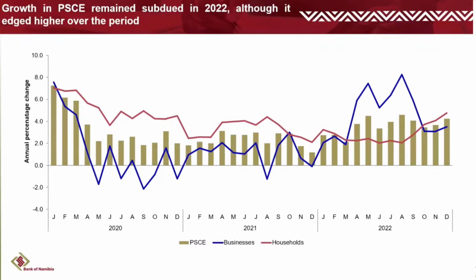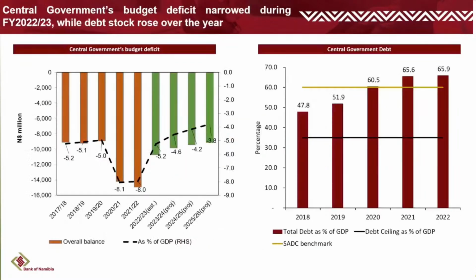The relief measures that were introduced at the height of the pandemic in 2020 were extended in 2022 to continue providing relief to economic sectors that were still in distress.